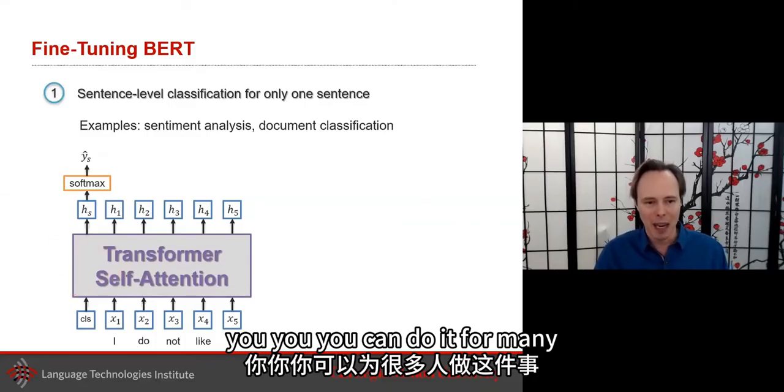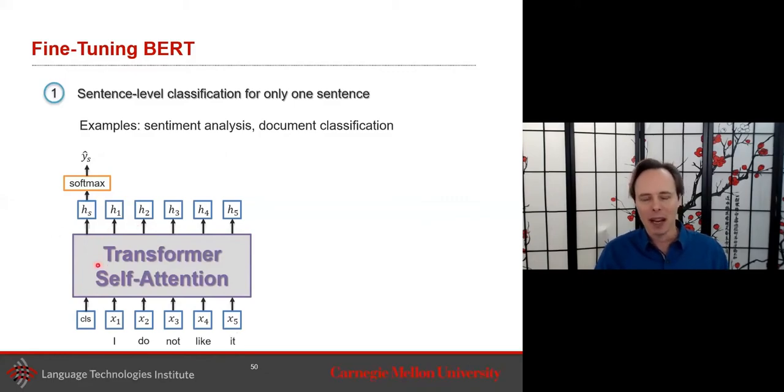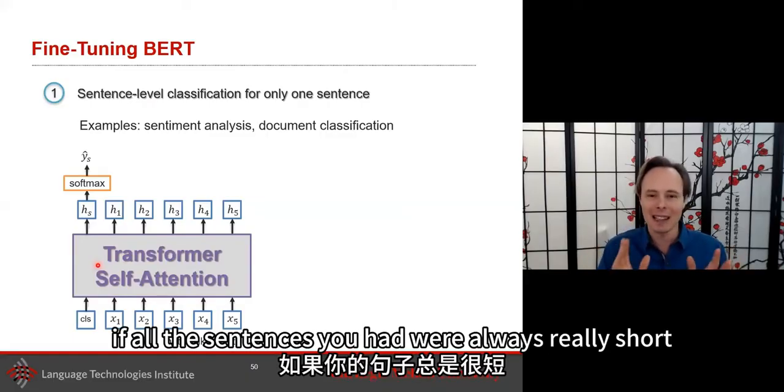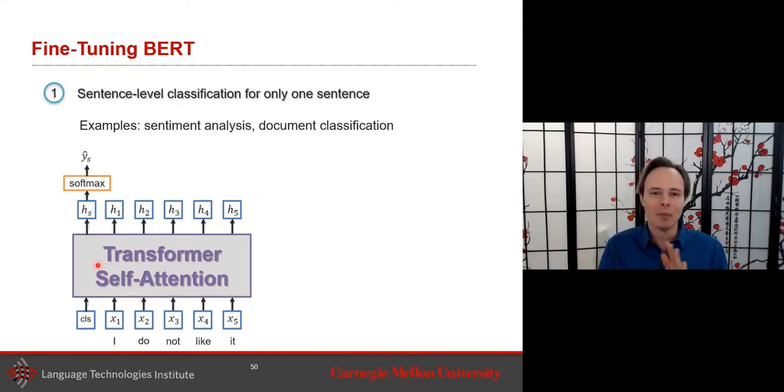you can do it for many different words and all this. I will tell you why it's big. If all the sentences you had were always really short, it would be very easy.